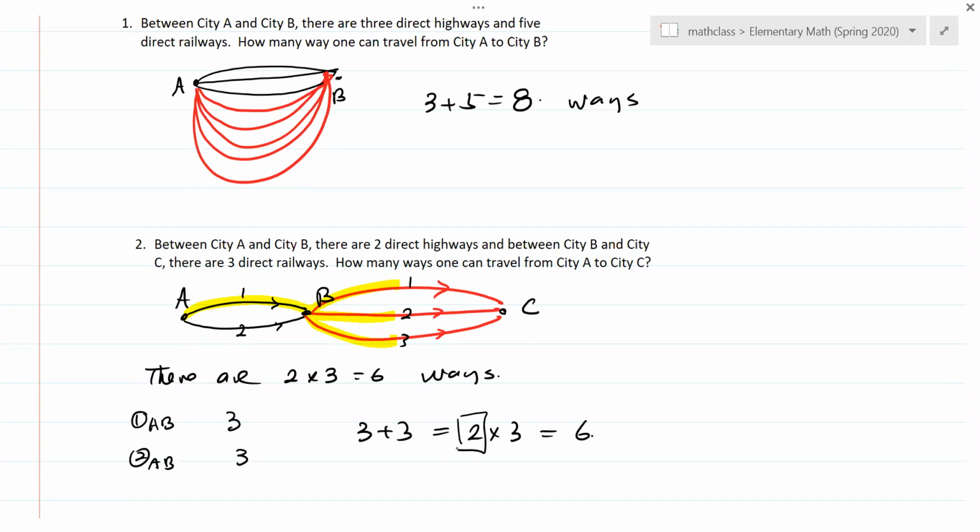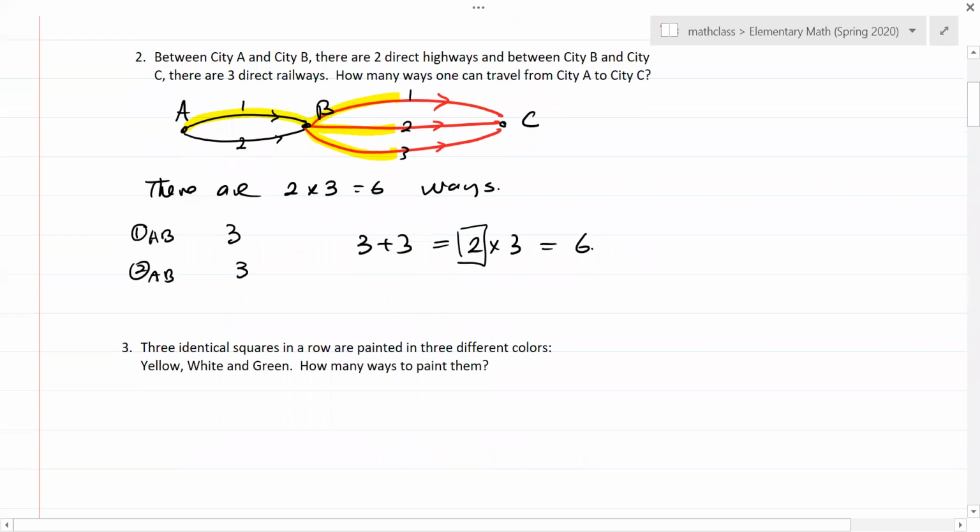The 6 is 3 plus 3, but it can also be considered as 2 times 3. It's a multiplication. The 2 is because there are 2 factors of 3 here.